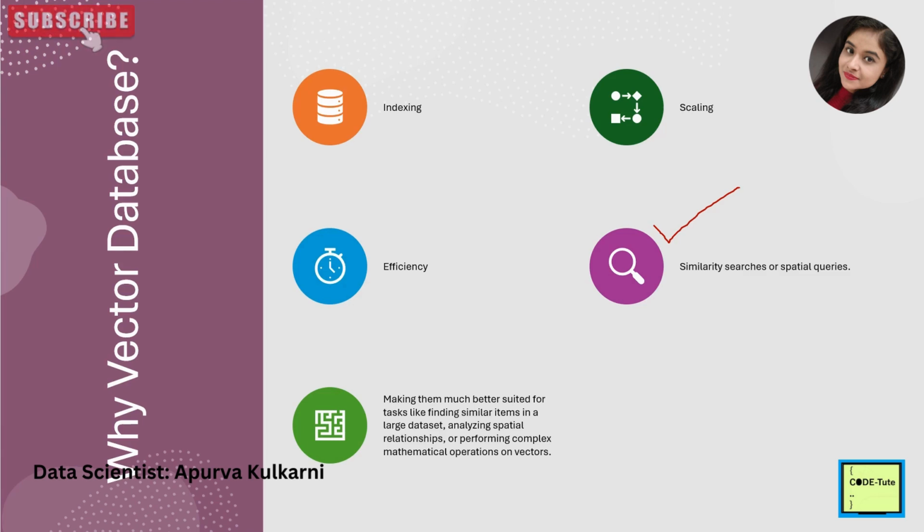You can easily get it by doing similarity searches. You don't need to provide the exact name of the company. Even if you provide a name which is near ABC, it can get you the results. That can help you with similarity search.